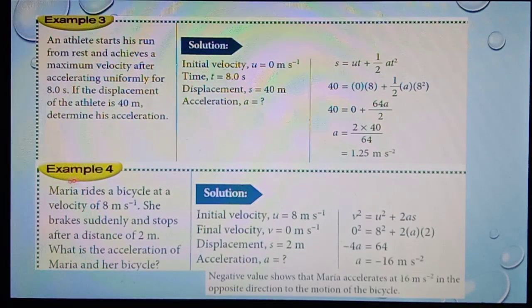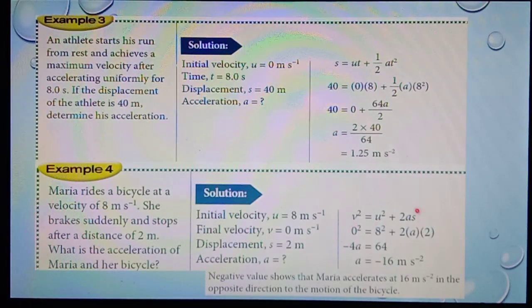Okay, so this one no mention about time taken. So the only equation without t is the fourth equation. Okay, equation number 4. v squared equals u squared plus 2as. Okay, so you substitute all the values, you get a equals negative 16 meters second negative 2. So what is the meaning of negative sign here?